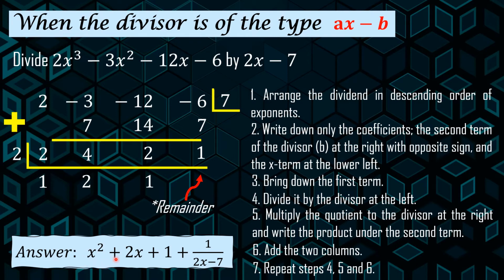And then plus 2x plus 1 dahil dapat pababa or descending order ang exponents ng final answer. And then since may remainder tayo, plus or positive yan, dahil positive ang remainder, 1 as numerator over the divisor which is 2x minus 7.